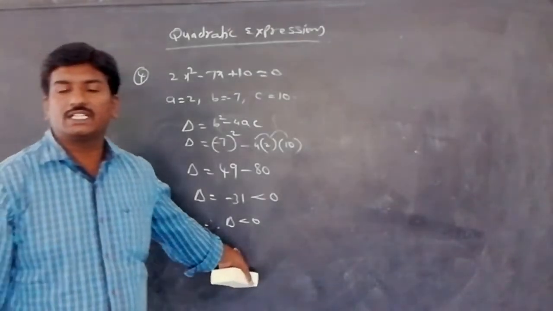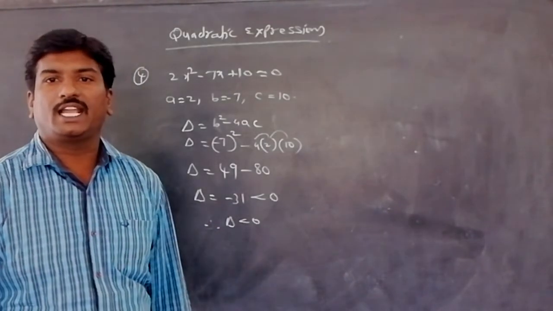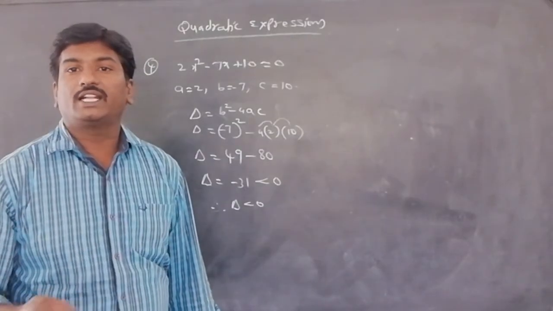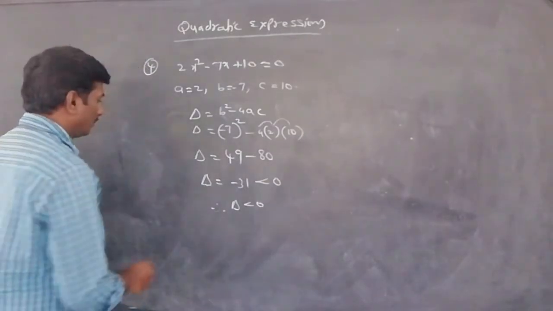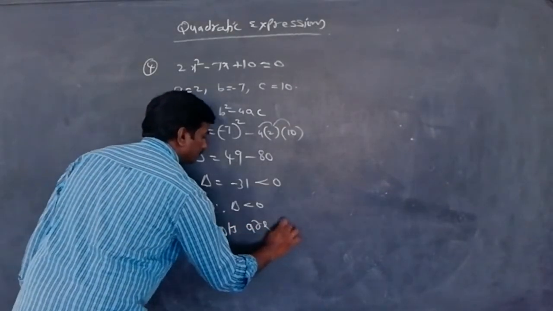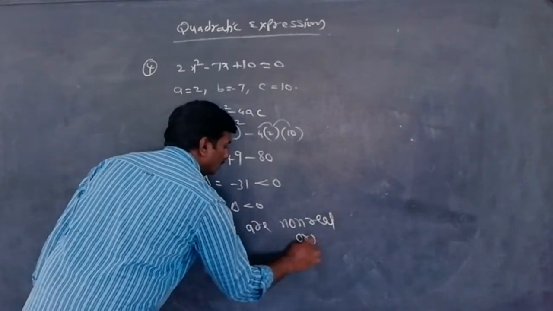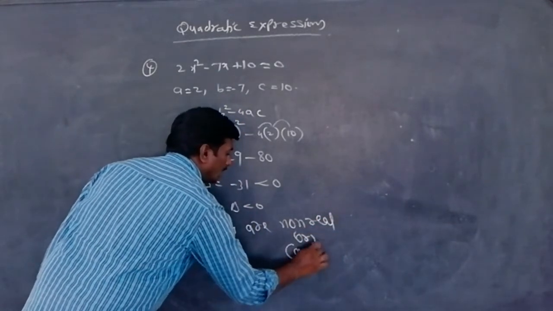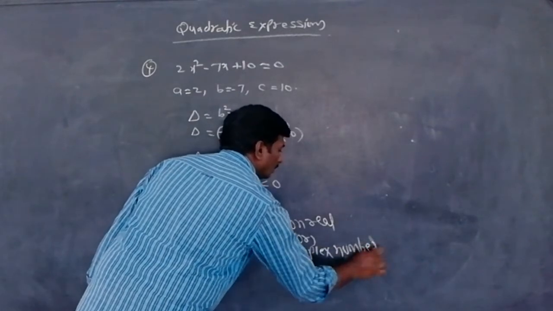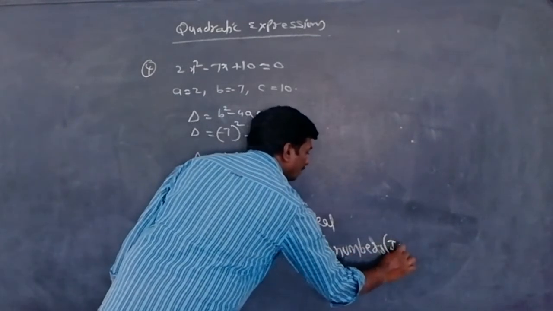When delta is less than 0, then the roots are non-real, or complex numbers, or imaginary, or they are conjugate to each other. Therefore, the roots are non-real, or you can say complex numbers. Complex numbers are nothing but imaginary.